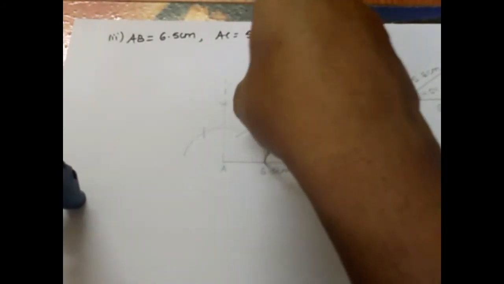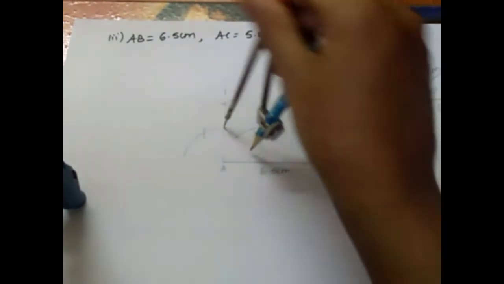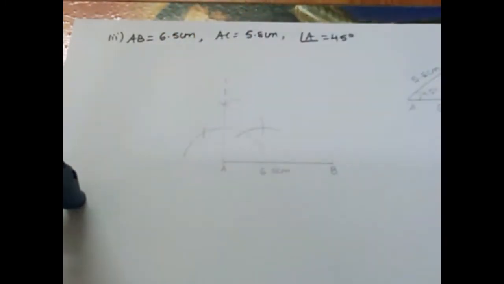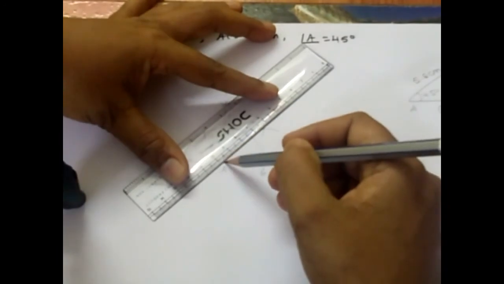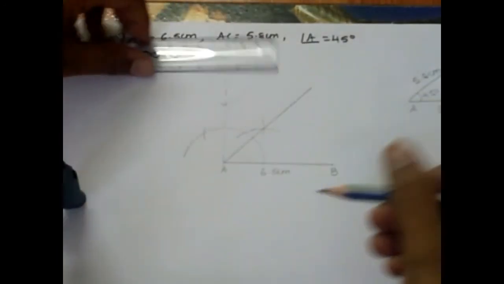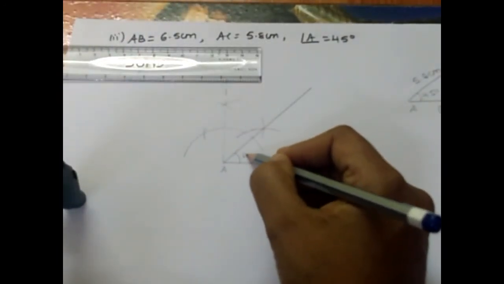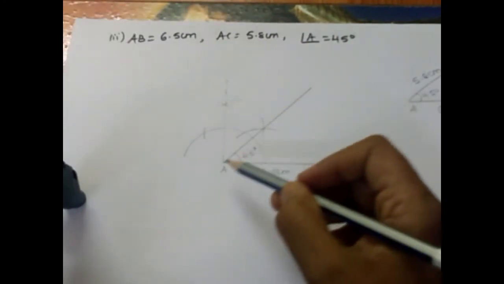I have to bisect 90 degrees. So keep your compass at this. This is the place where you can bisect your angle. Half of 90 will give you 45 degrees. So this is 45 degrees, just draw a straight line. This measure is 45 degrees and AC is 5.8.